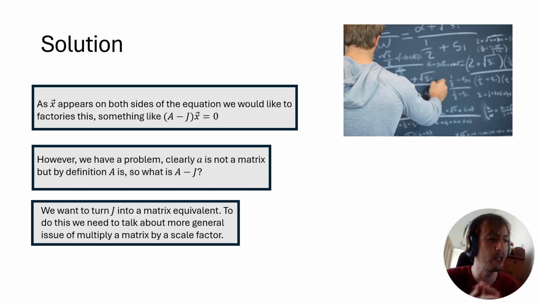So we might already infer that, if we have a matrix version of 1, we should somehow be able to use the identity matrix to get a matrix version of the number j. So that's what we're going to look at next, and that will allow us to make sense of the term in our brackets where we've factored out our eigenvector.